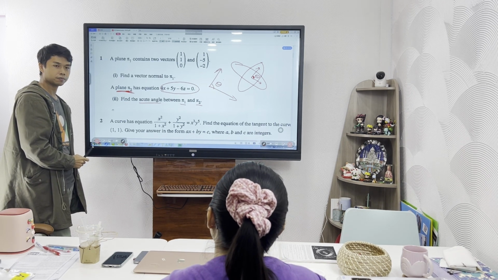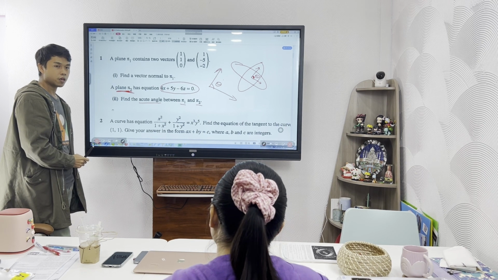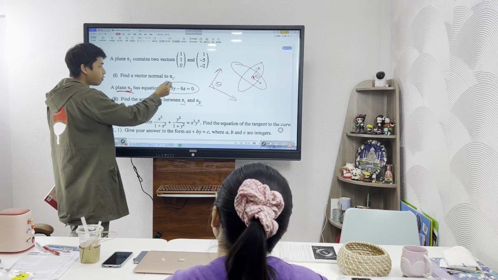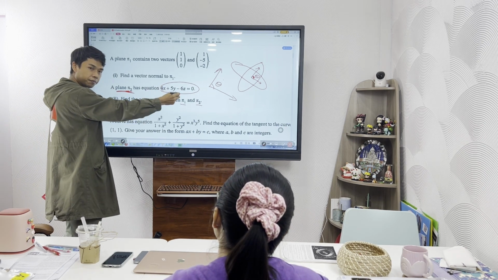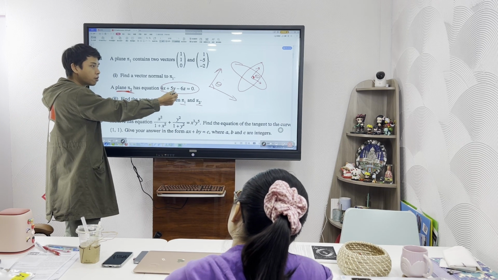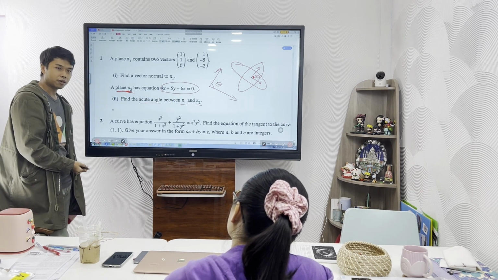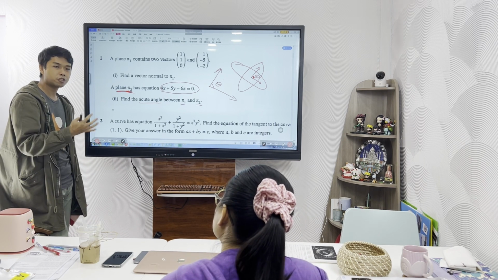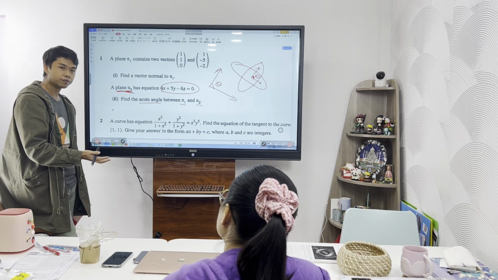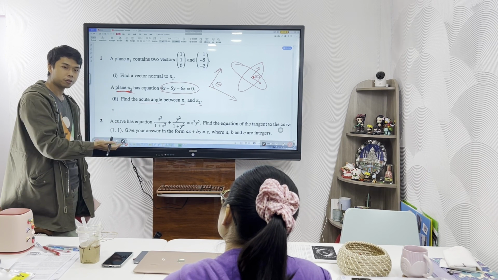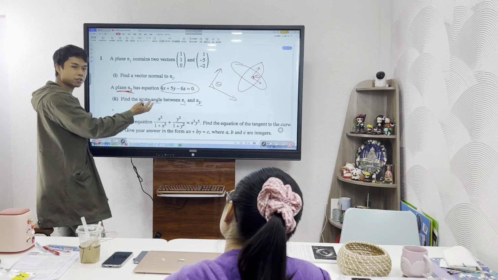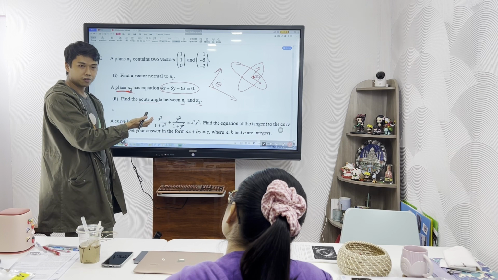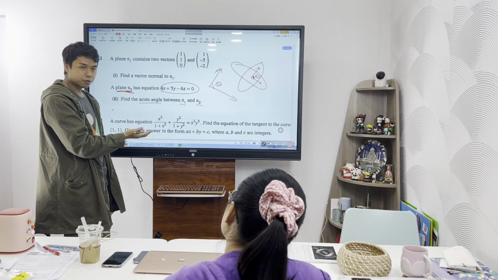Correct. But then you can have a lot of different vectors on the plane. But the normals will always be multiples of each other. Of each other of what? The normal vectors are. A multiple, a scalar multiple, of any normal vector. All the normal vectors will be multiples of each other. What's the meaning of multiple?